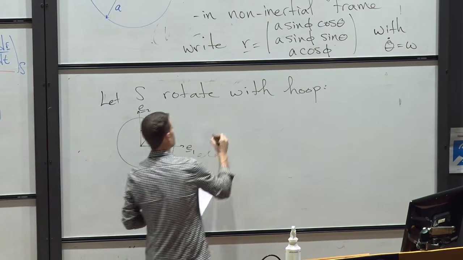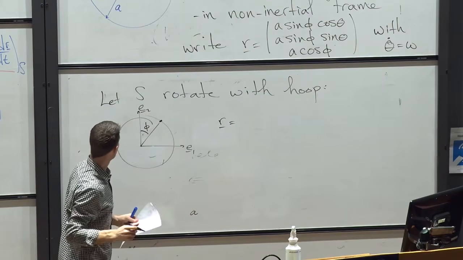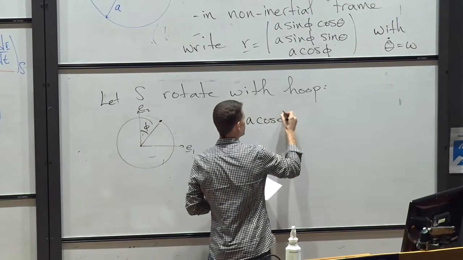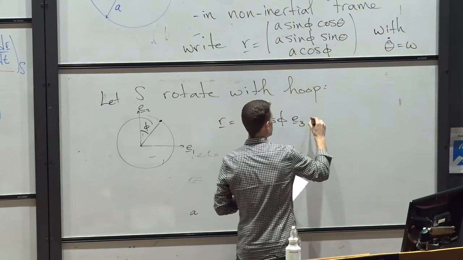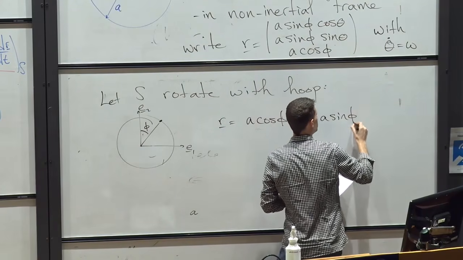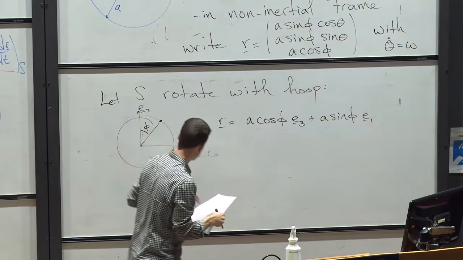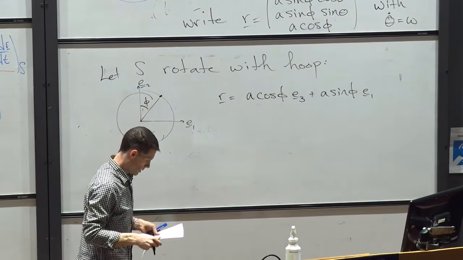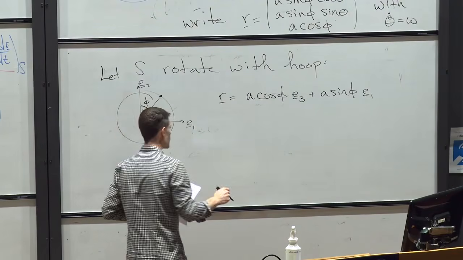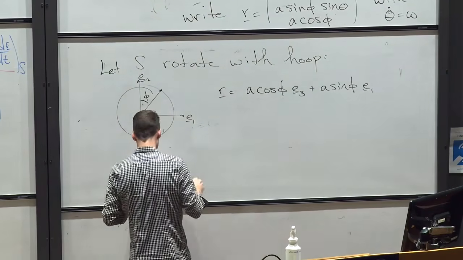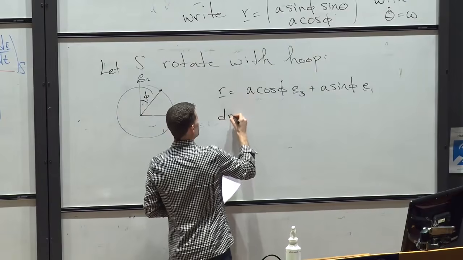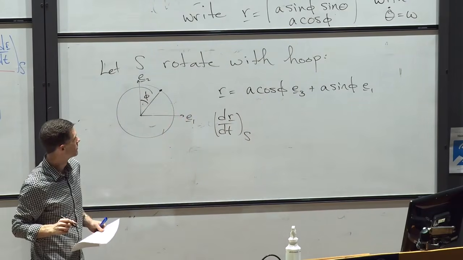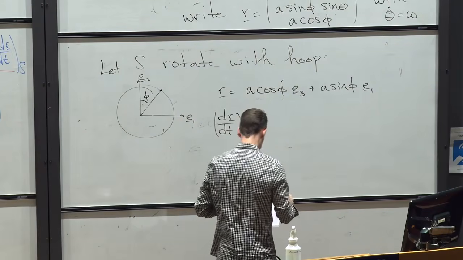And so in that description, the position vector of the bead is just 2D polar coordinates, which is like a cosine phi E3 plus a sine phi E1. And therefore, dr/dt measured in that frame is very easy because I just have phi's there.